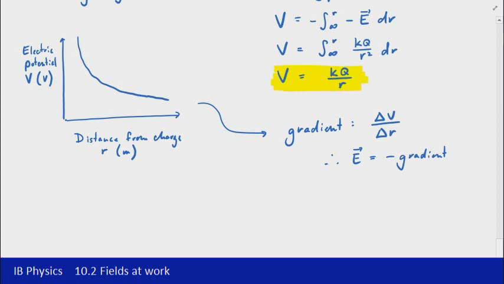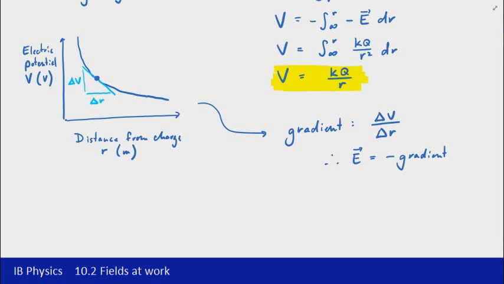So in this particular scenario, if we were to imagine a point here, I'll just change colour to make this a bit clearer. The gradient at that point would be represented by that tangent, and so we could then identify that this value here would be the change in the electric potential, and that value would be the change in the distance. Notice there that the gradient is actually negative, so when we find the negative of the gradient value at that point, we get a positive, which is what we would expect around a positive point charge.